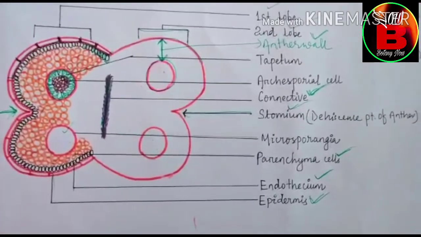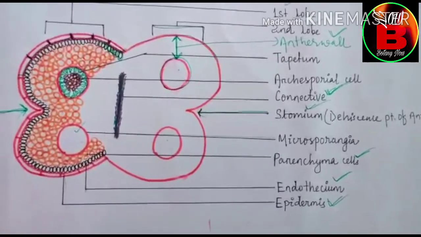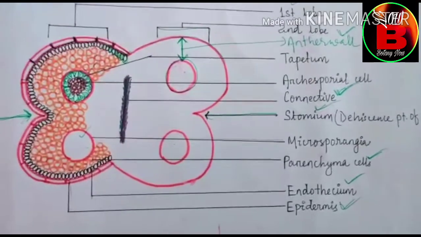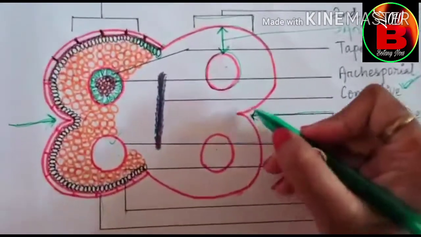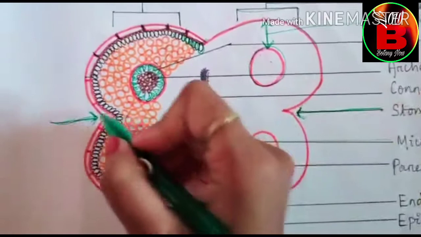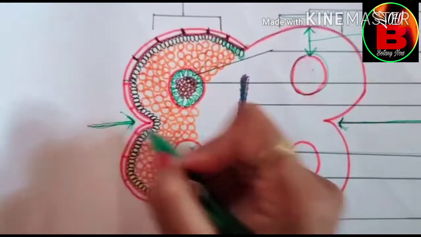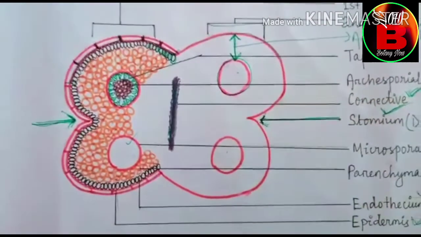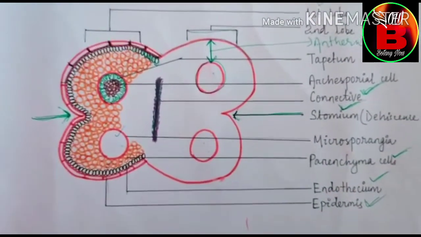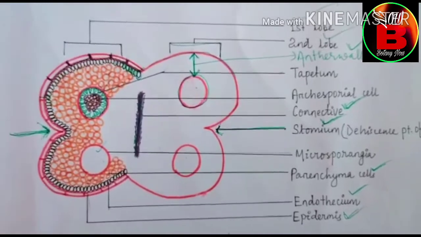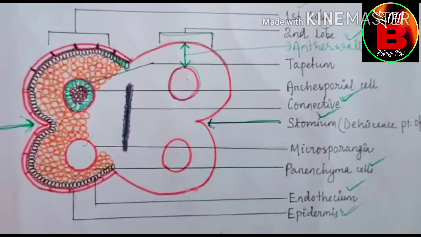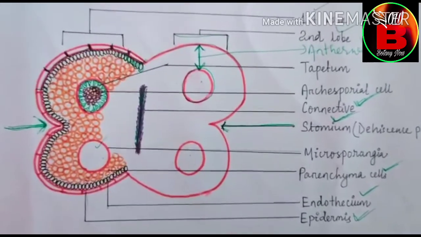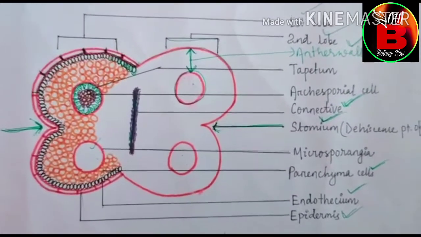So what do you mean by dehiscence? Dehiscence is the process in which the anther ruptures here. This is the point of dehiscence of anther, and this point is called stomium. At this point, the anther is dehisced. This dehiscence point or stomium is the delicate and soft part of the anther.